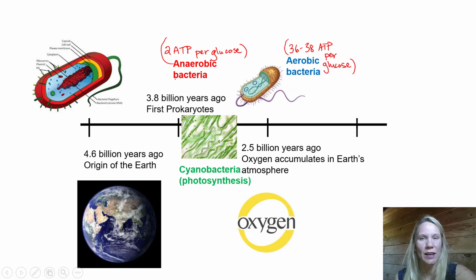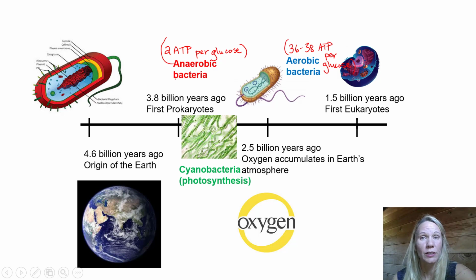But let's just appreciate this moment in history where oxygen is accumulating, and the ability to use oxygen to make significantly more ATP occurs in these very simple celled organisms, but this is a trait that will be passed on to all of us and will allow for complex life forms like ourselves to evolve.